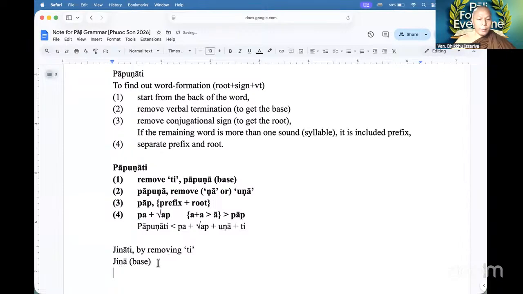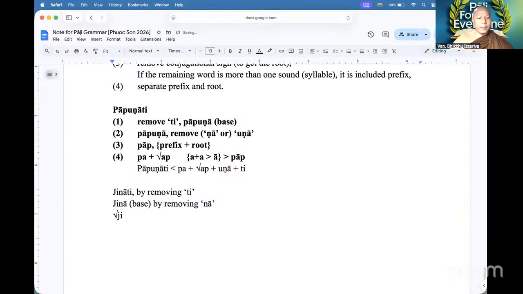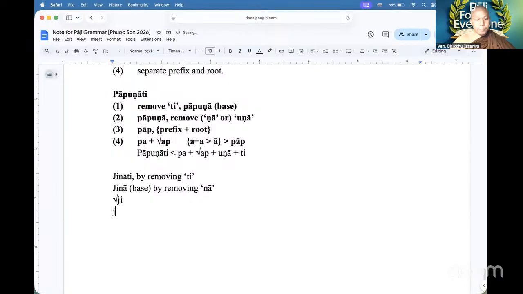And also from there, by removing, now we have the root G. So in this way, finally, that Gnadi is coming from the root G and a conjugation sign suffix na and the D in this way.